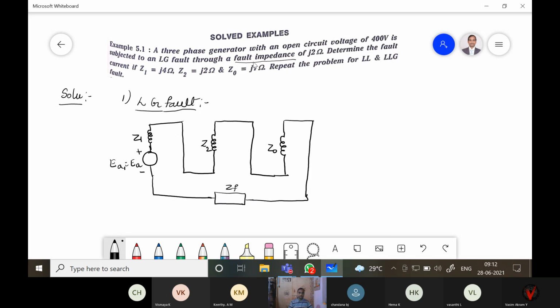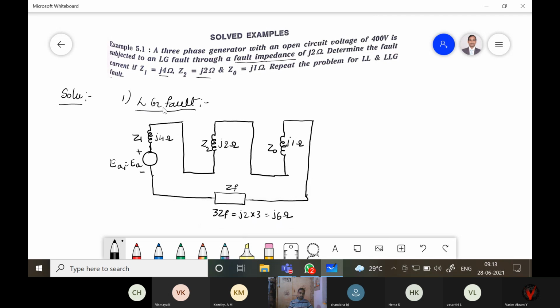What is the value of Z1? j4 ohm. Value of Z2, j2 ohm, and value of Z0, j1 ohm, and fault impedance is j2 ohm. So this is 3 times ZF, equal to j2 into 3, equal to j6 ohm.